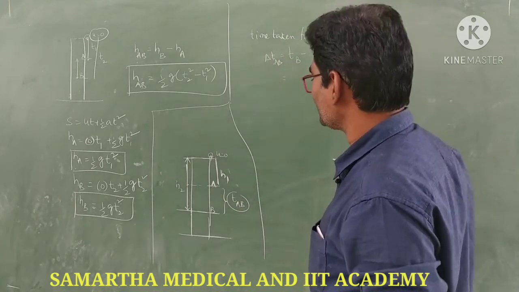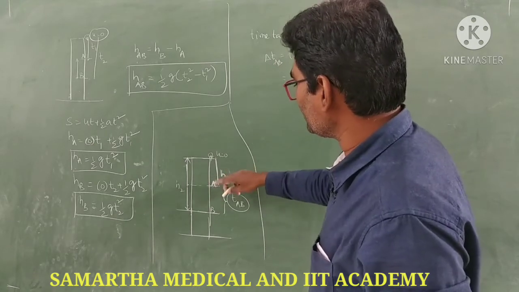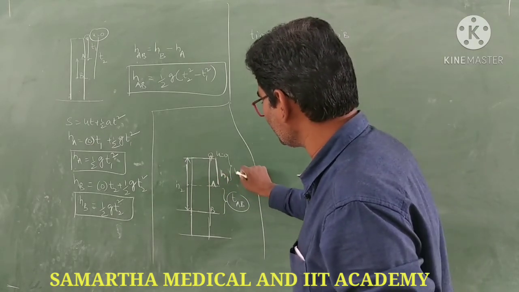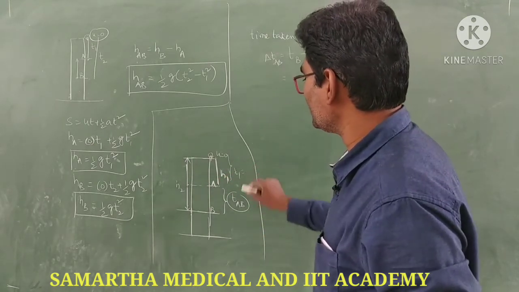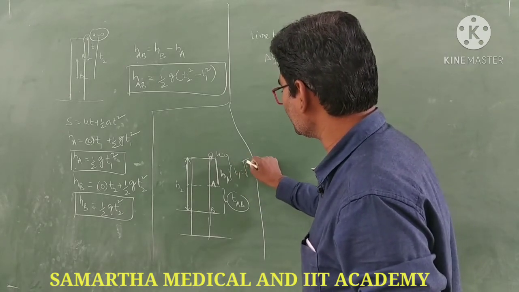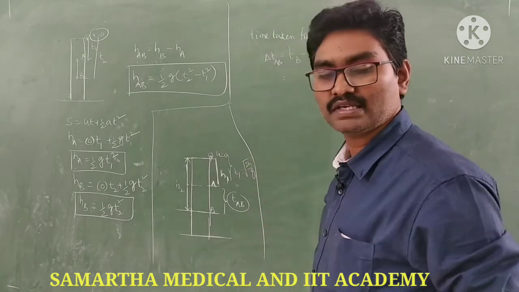Okay, so what is this time taken? They have given the heights to calculate. Suppose it is t1 seconds, how can I calculate? t is equal to root 2h by g, the general formula.